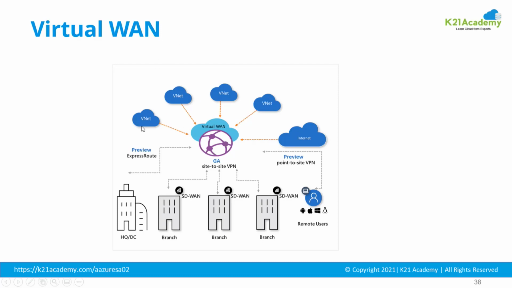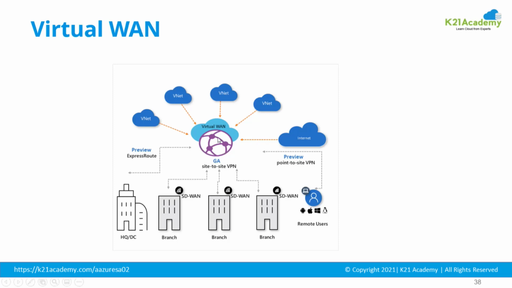When you have multiple virtual networks and multiple sites and branches, instead of connecting each of these separate branches separately with each network on Azure cloud, you can define a virtual WAN that will act as a hub. There's another concept of hub and spoke, which I'll cover later, but this is an implementation of virtual WAN that you set up.